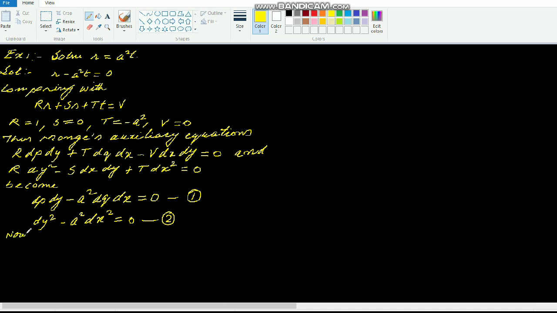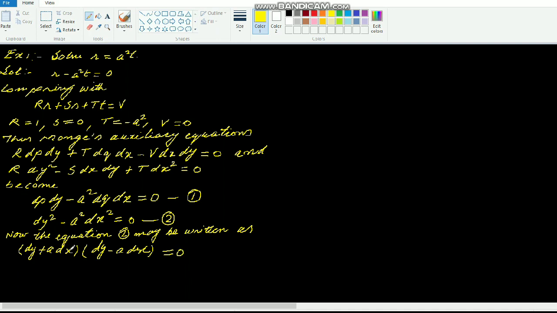Now here the equation 2 may be written as dy plus a dx into dy minus a dx is equal to 0. It implies that dy plus a dx is equal to 0.